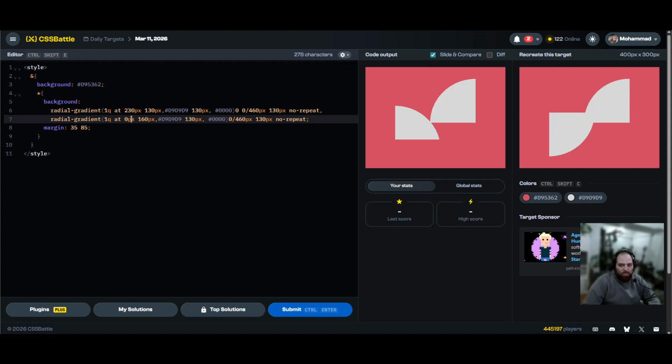So now 0 is going to be, instead of 230, no, 0 pixels. So it's in the right spot. I just need to change. Okay, what happens if this is 0? It's up there. I need to change it so it's lower.